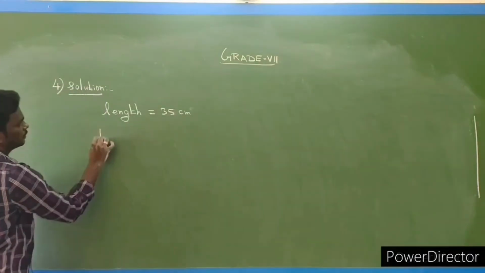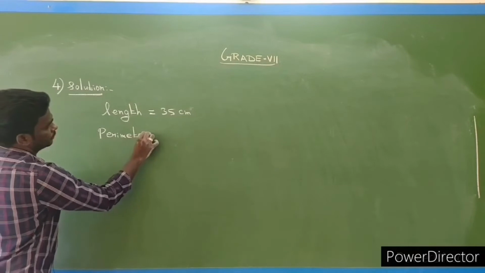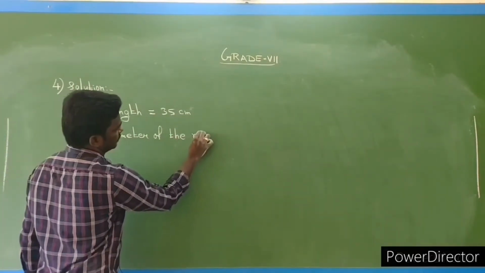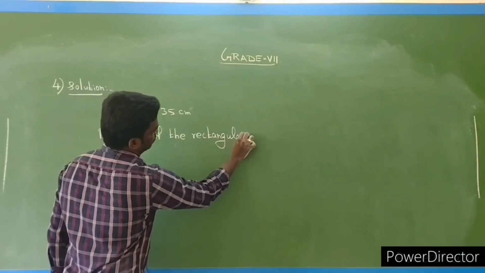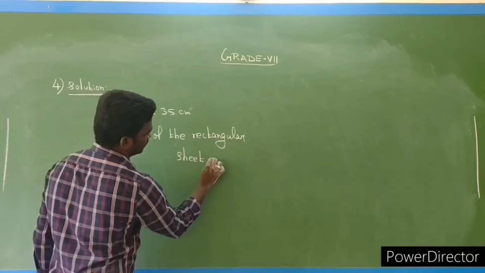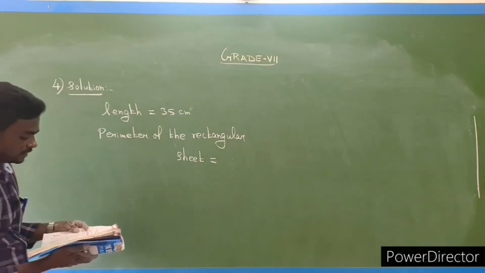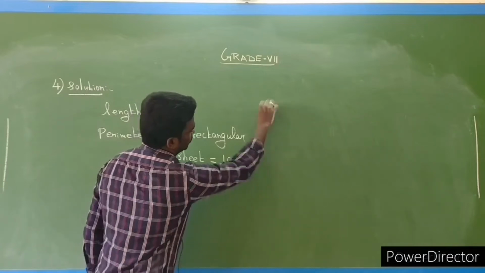Next, the perimeter of the rectangular sheet is 100 centimeter. 100 centimeter is given.